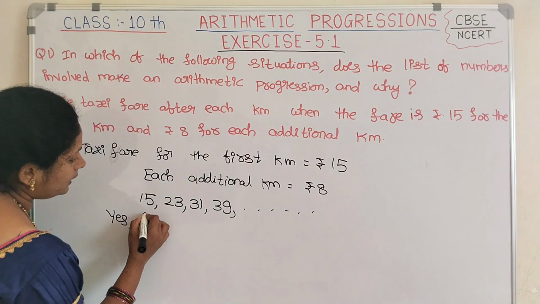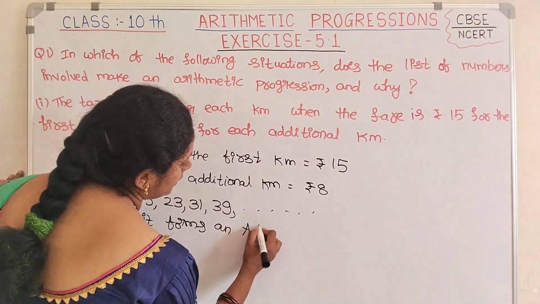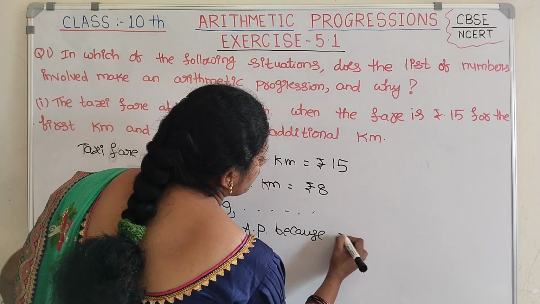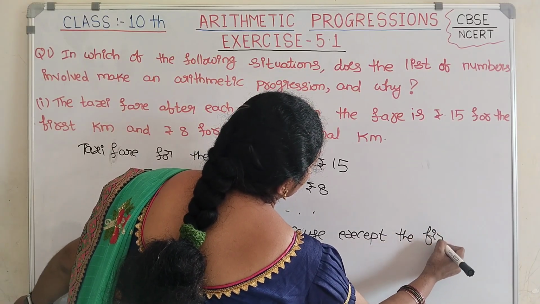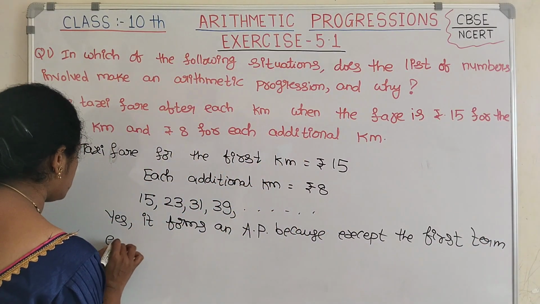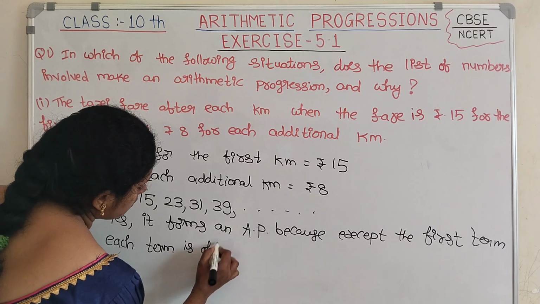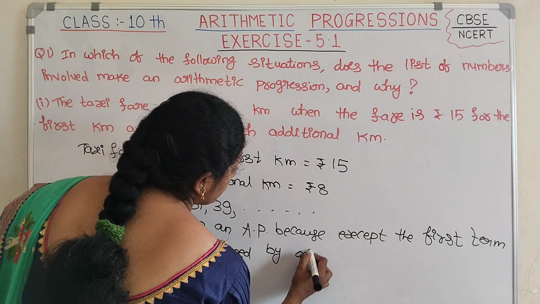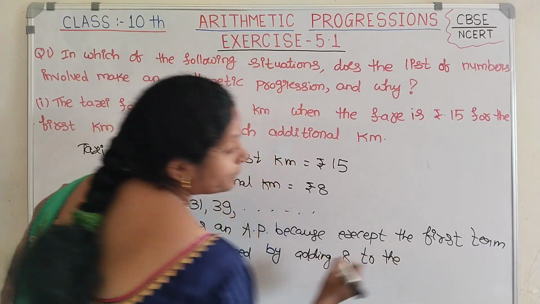Yes, it forms an AP, arithmetic progression, because except the first term, each term is obtained by adding 8 to the preceding term.